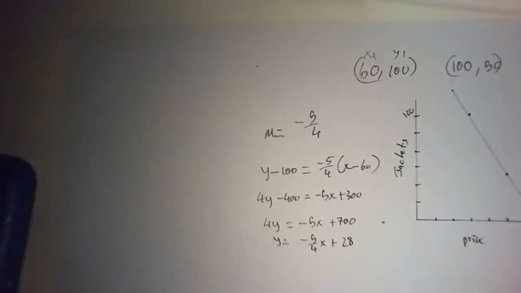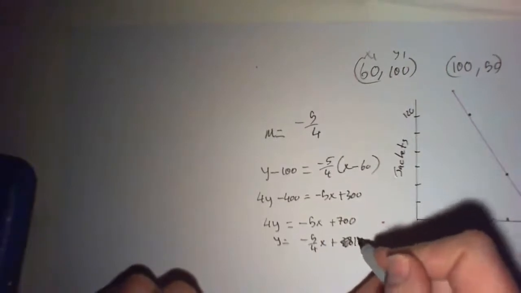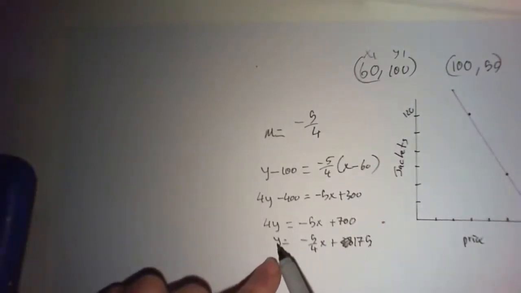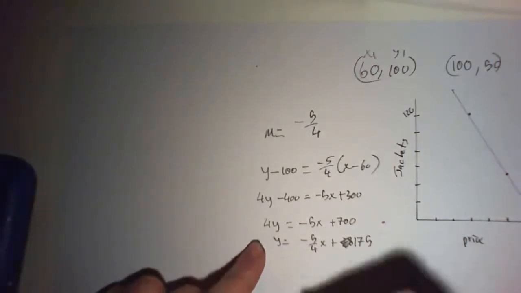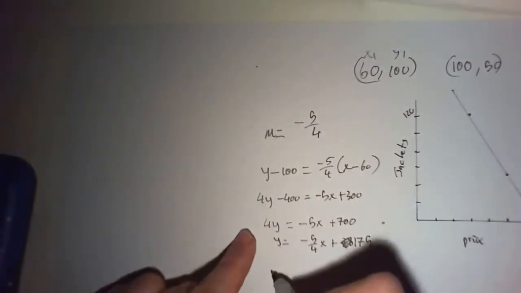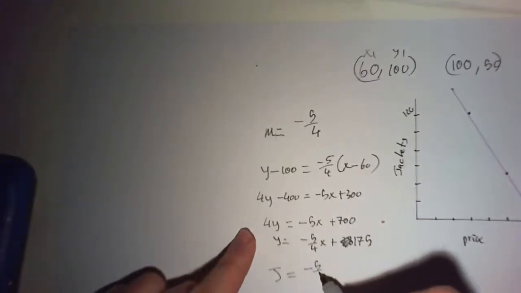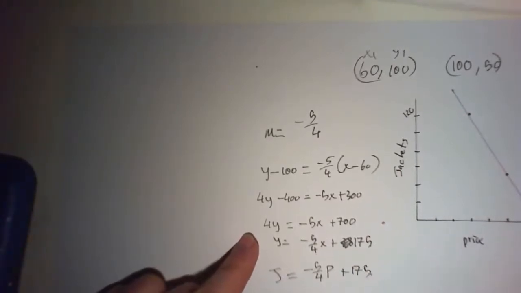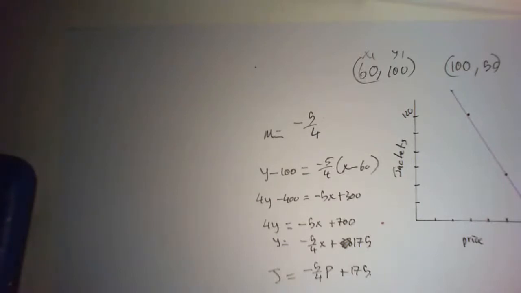I'm going to double check that because I'm not 100% sure. 700 divided by 4. Oh, it's 175. My bad. Good job I checked. 175. Now let's turn this into code. So y is jackets. So jackets is equal to minus 5 over 4 price plus 175. Okay, so that's your basics.